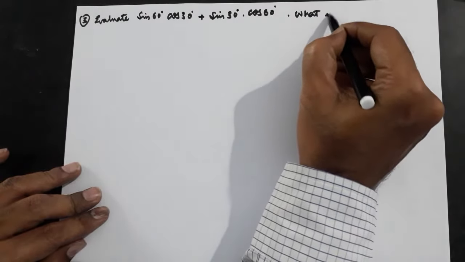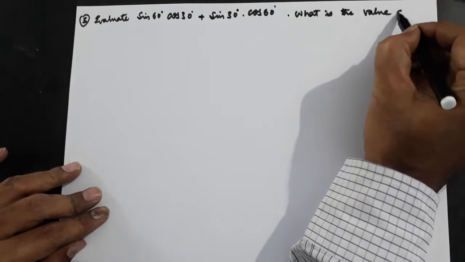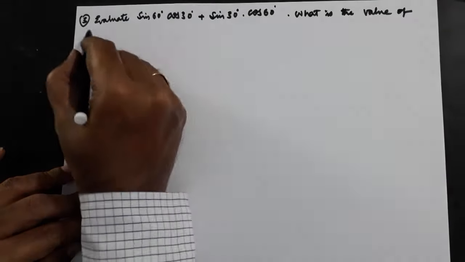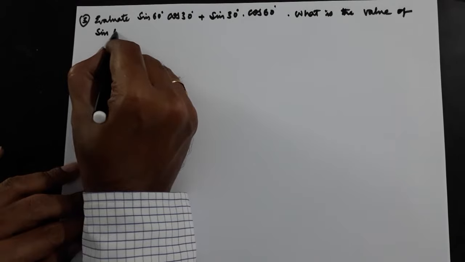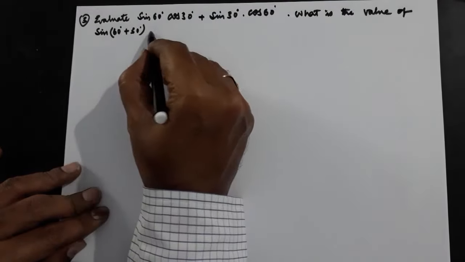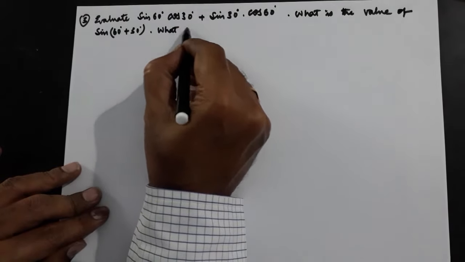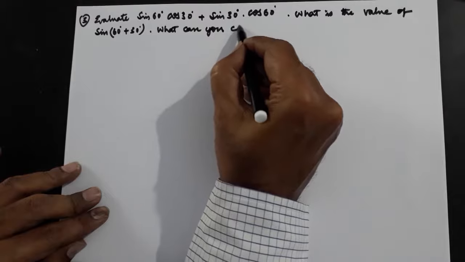What is the value of sine 60 degrees plus 30 degrees? What can you conclude?